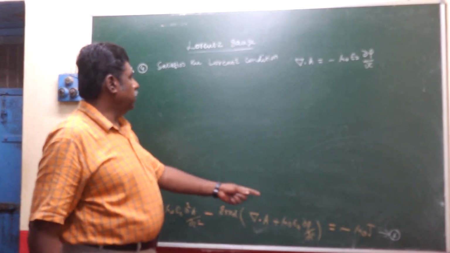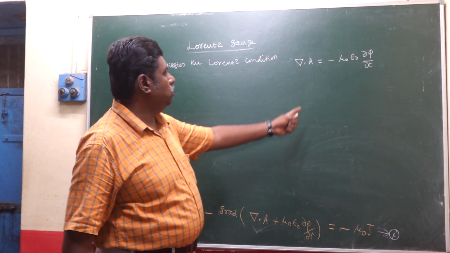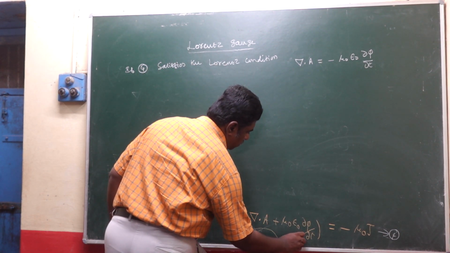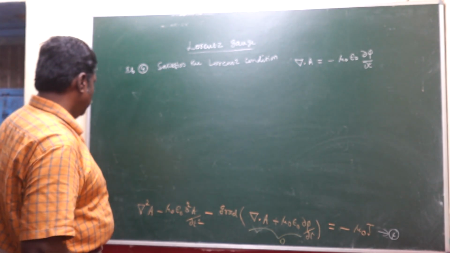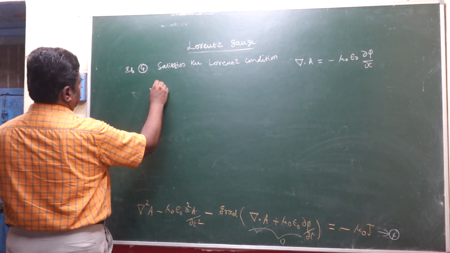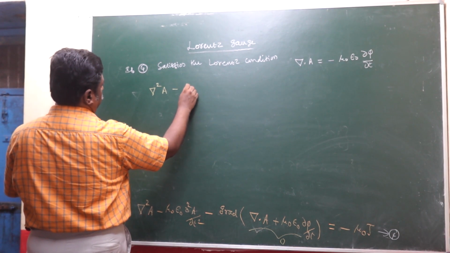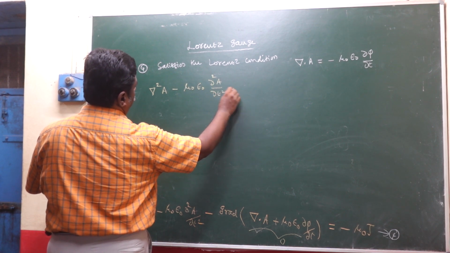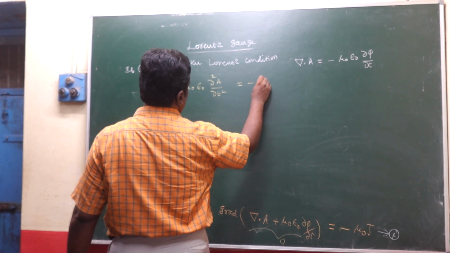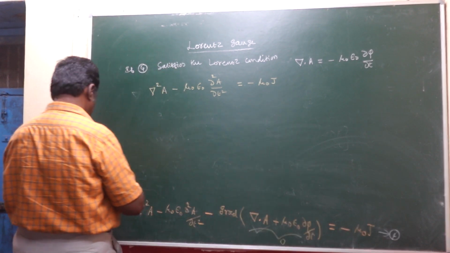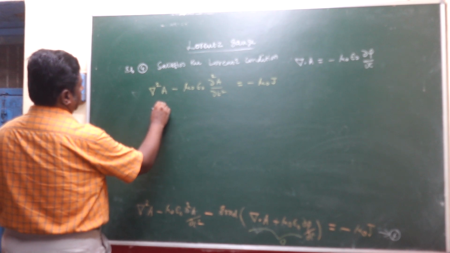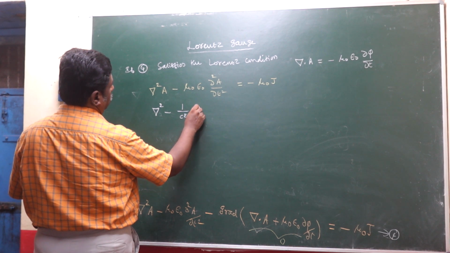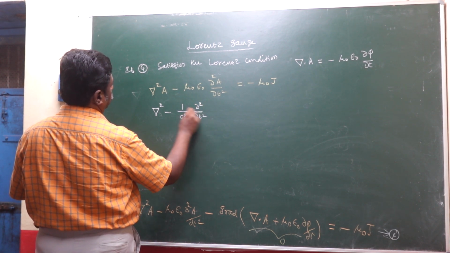If equation 4 satisfies the Lorentz condition, instead of div A we have to put minus mu naught epsilon naught dou phi by dou t. So the terms available inside the bracket are 0. Automatically this equation is reduced to del square A minus mu naught epsilon naught dou square A by dou t square equal to minus mu naught into J. This is del square, the Laplacian operator, minus 1 by c square, since mu naught epsilon naught is our 1 by c square, then dou square by dou t square.